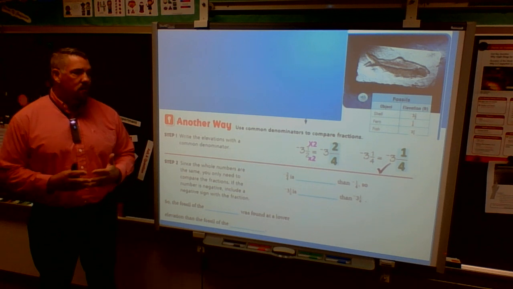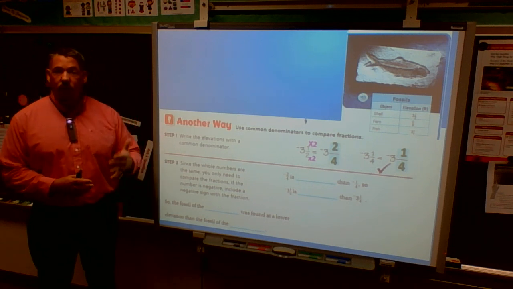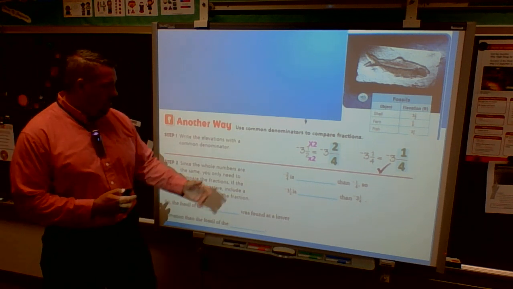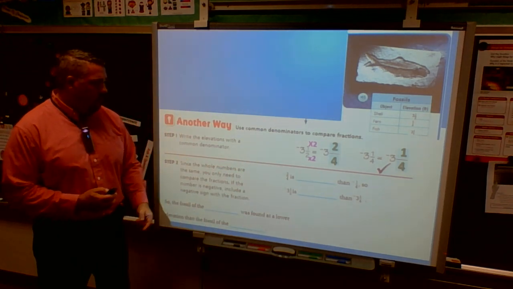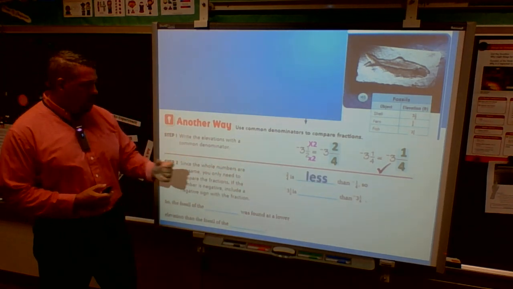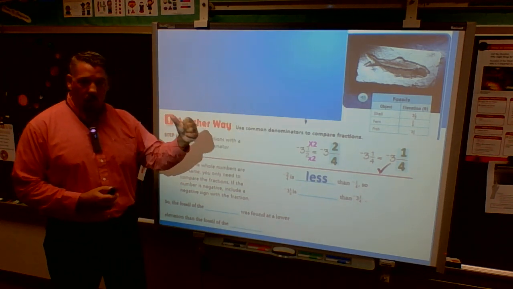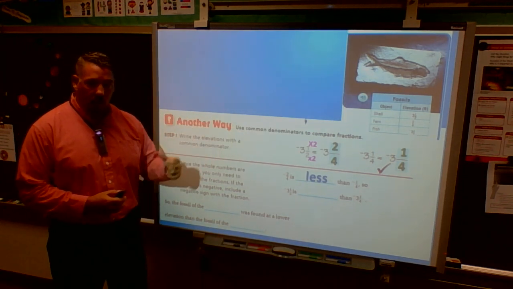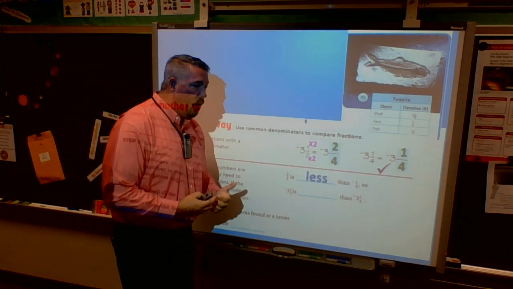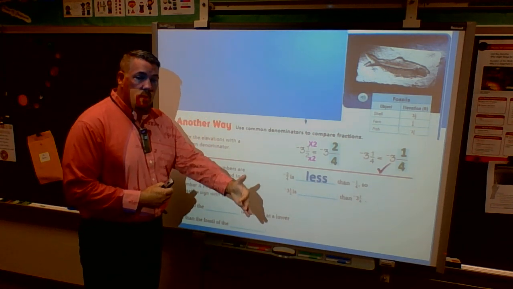All right. So now as I look at those, we're talking about getting further away from the 0, right? So if negative 2/4 is what? It's going to be less because the 2 tells me to go 2 steps to the left, to where the 1 tells me to go only 1 step to the left. Okay? So if I have 4 steps back and I only go 1 step, I'm still closer to 0.